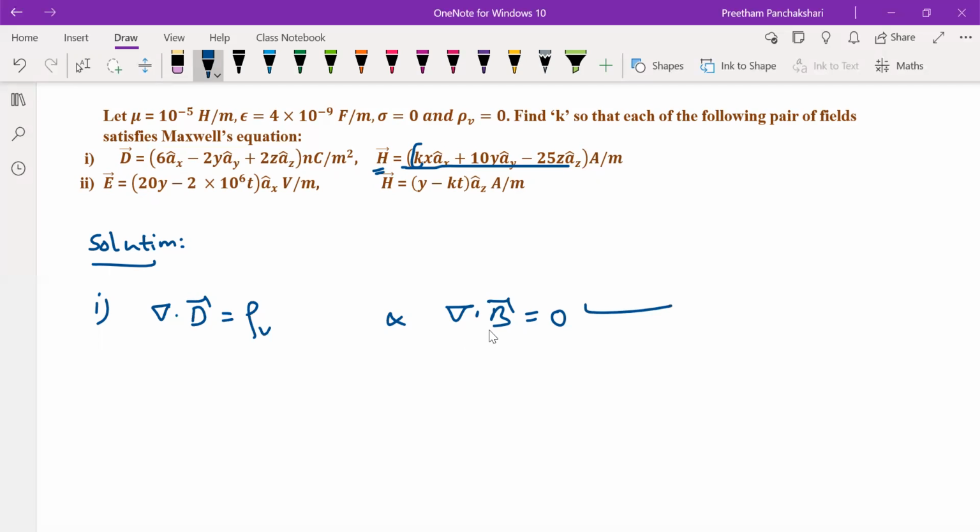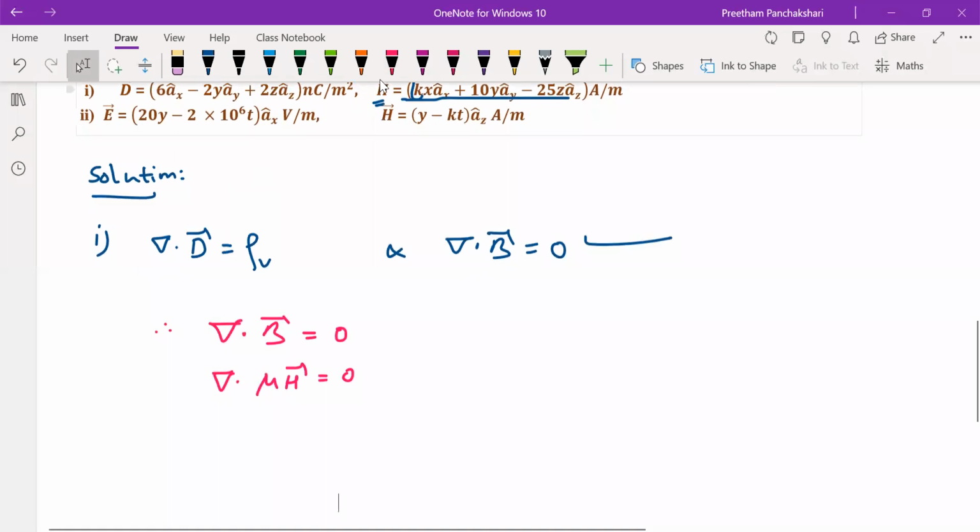So with this, we can convert B to H. Therefore, let us start with this del dot B equal to 0 and convert it to H. That is del dot mu H is equal to 0. So we know that mu is a constant. Del dot H is equal to 0.